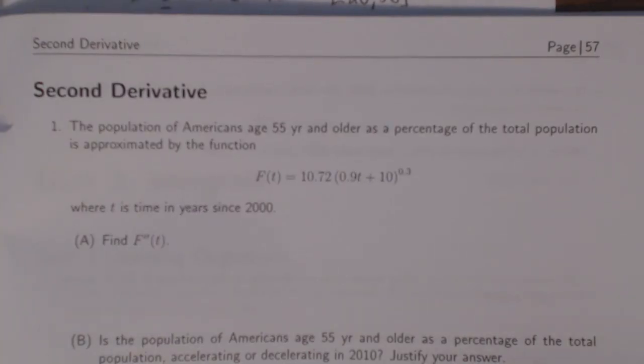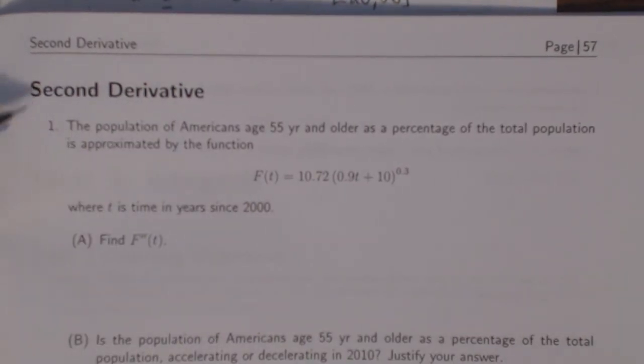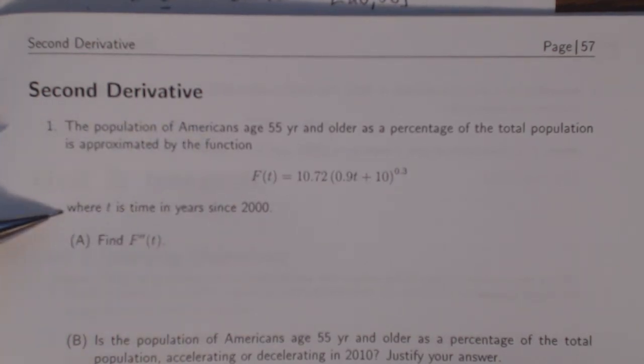Okay, so let's go to our lab manual, page 57, and take a look. I think that's the page number. I might be looking at an old lab manual, but second derivative, number 1: the population of Americans age 55 years or older as a percentage of the total population is approximated by the function f of t equals 10.72 times parentheses 0.9t plus 10 to the 0.3, where t is time in years since 2000.